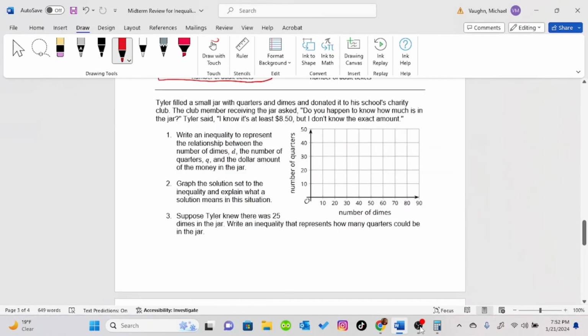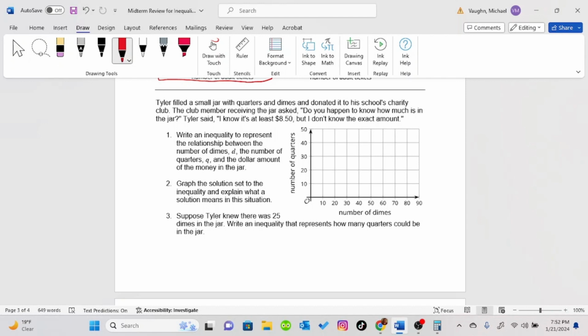Tyler filled a small jar with quarters and dimes and donated it to his school's charity club. The club member receiving the jar asked, "Do you happen to know how much is in the jar?" Tyler said, "I know it's at least $8.50, but I don't know the exact amount."